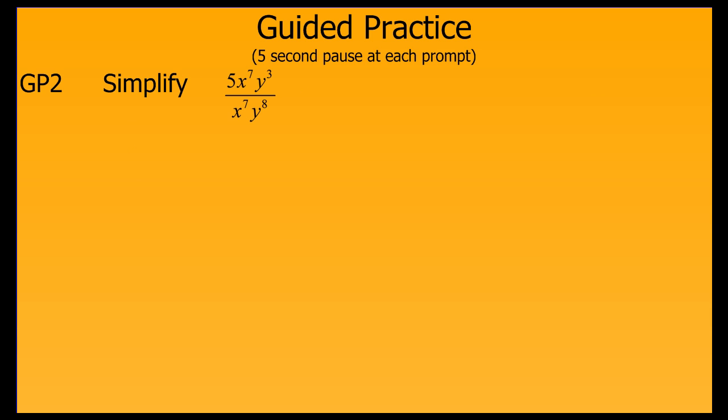Let's try another one. Again, we're simplifying an expression involving exponents. What do we do first? This time we have a constant and 2 distinct bases, x and y, so it's probably easiest to separate them out. What's next?